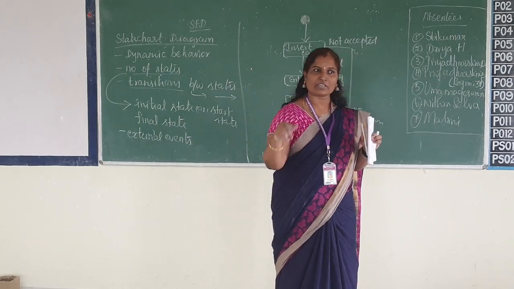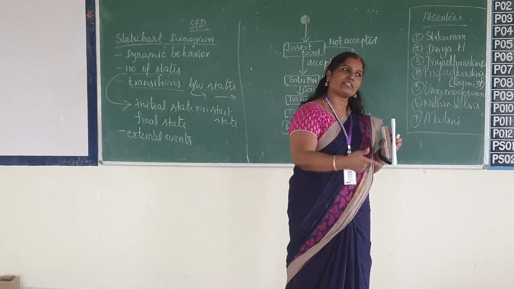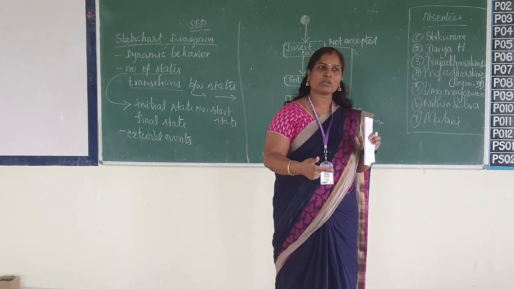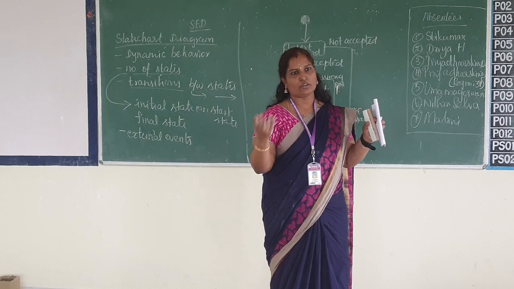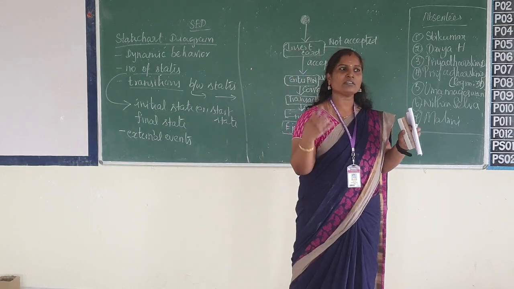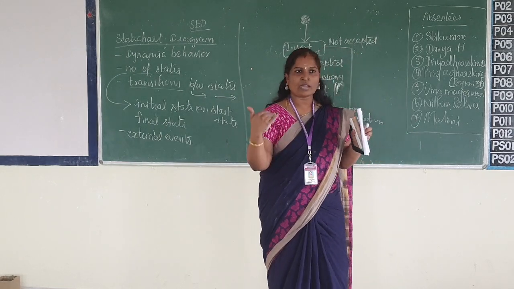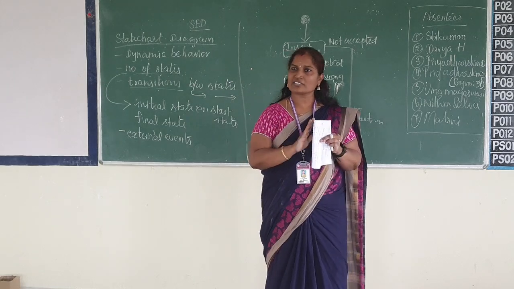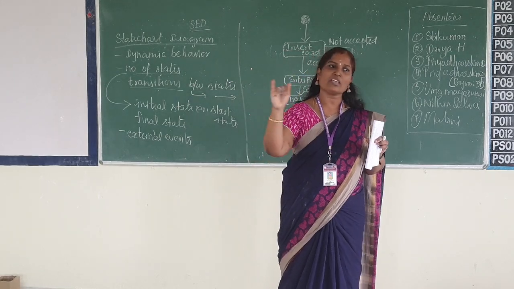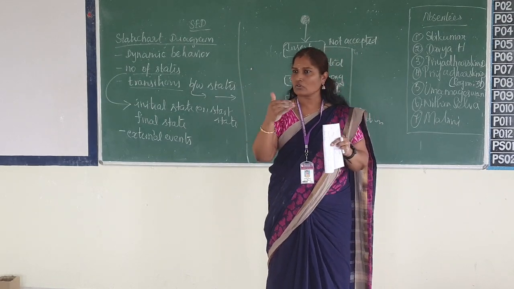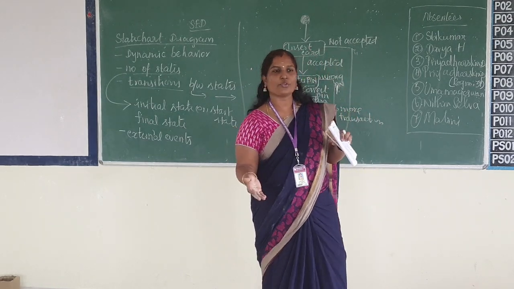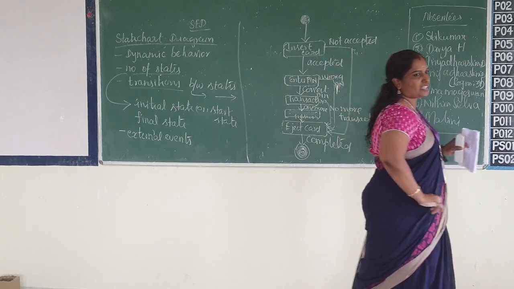If it is having a defect, again you need to contact the customer care. Okay, so they will be till the delivery, or you may cancel the order. Two things may happen. Either you may request them to send back another product, or you just cancel the product so that the money will be credited to your account. So all the things you need to include in the state chart diagram.